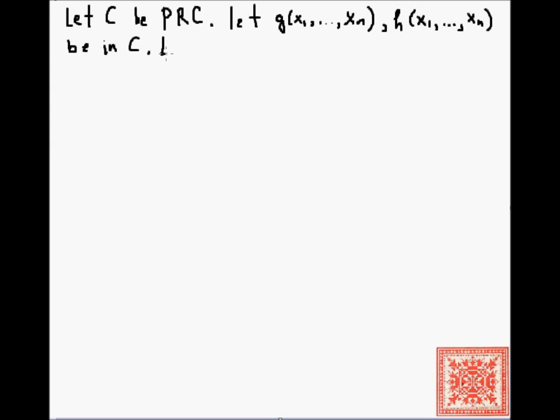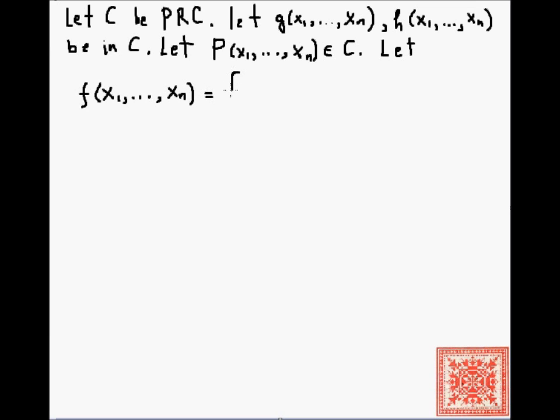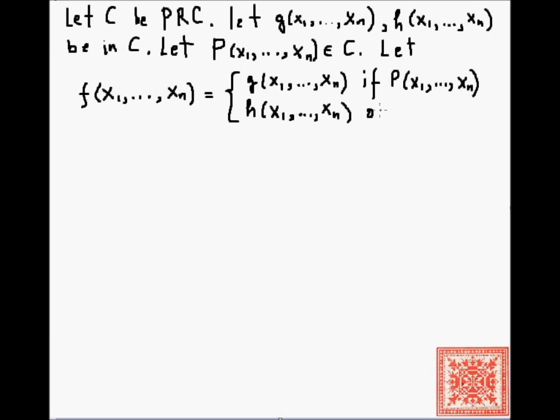So let C be a primitive recursively closed class, and let g and h be two n-ary functions in that class, and let p, an n-ary predicate, also be in C. Then let f of x1 through xn be defined in terms of g, h, and p as follows. f is equal to g of x1 through xn if p of x1 through xn, and h of x1 through xn otherwise.